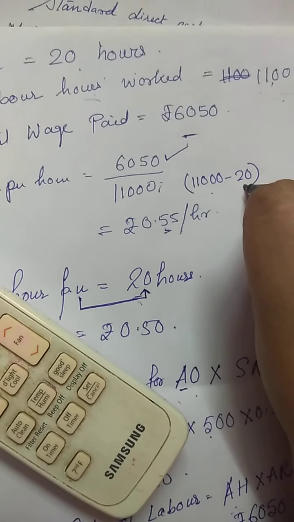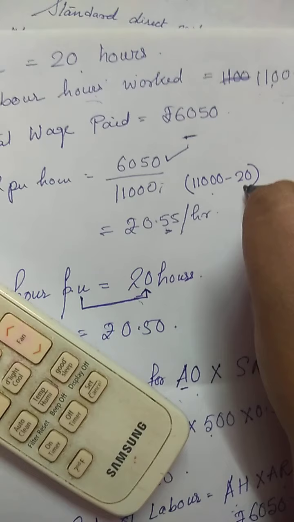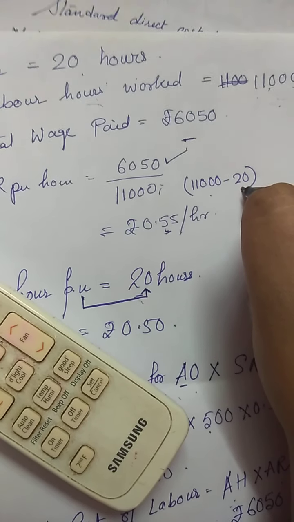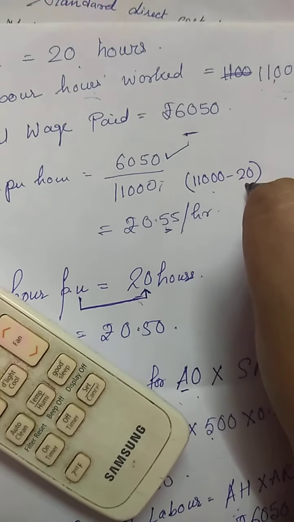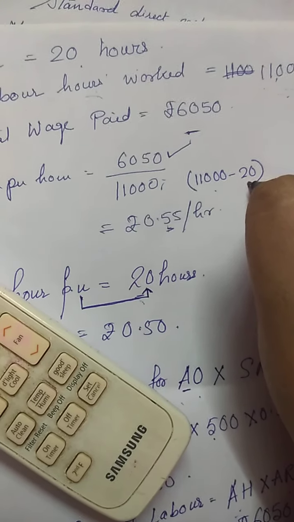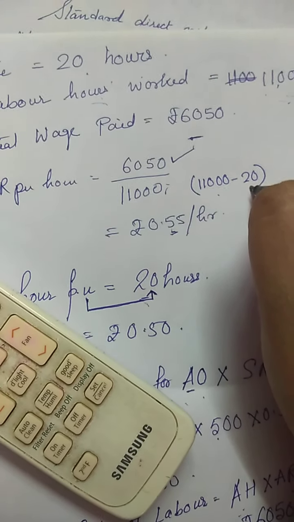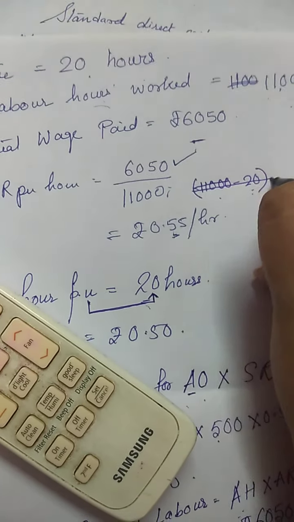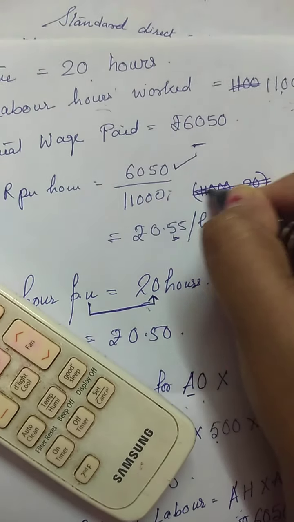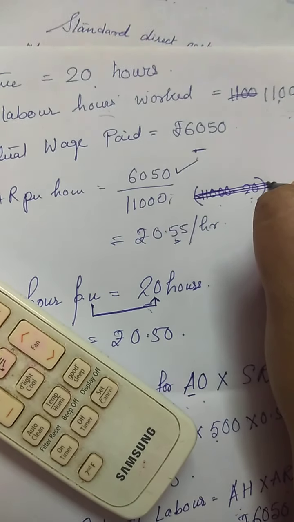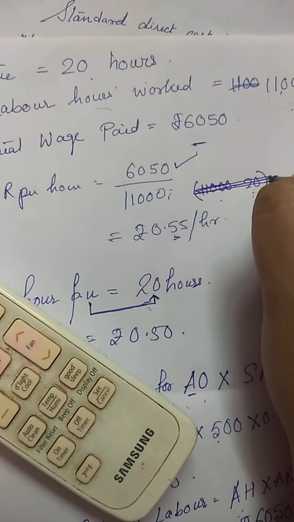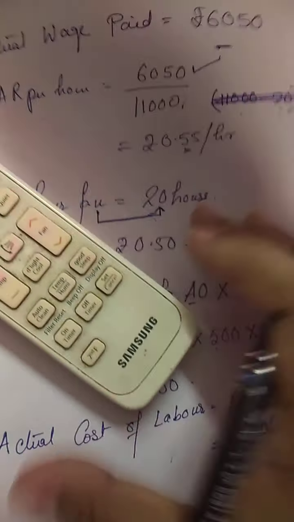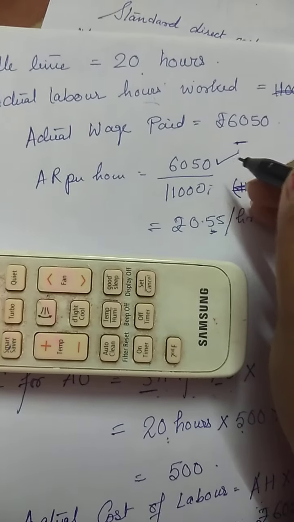Just because labor is having their lunch or taking a break for 5 minutes, that doesn't mean their wages will be cut. Since laborers are getting paid for the idle time as well, we will not deduct 20 hours at the time of finding out the actual rate. But this 20 hours will matter while finding out the efficiency. That we'll see later.